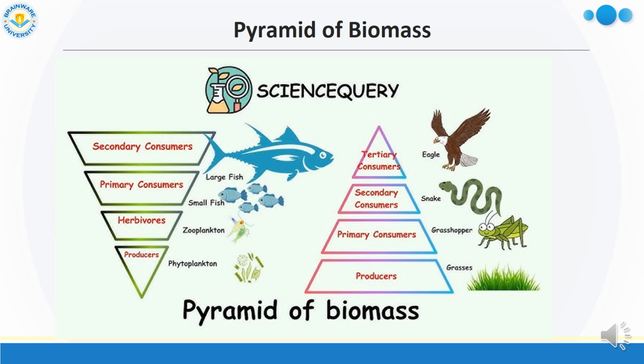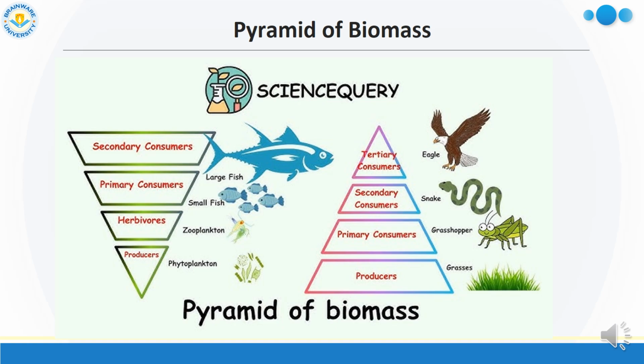In this slide, this is pyramid of biomass. Here also, the first one is inverted pyramid and the second one is upright pyramid. In case of inverted pyramid, the first one is producer, phytoplankton, second one herbivores, zooplankton, then primary consumers, small fishes, and then secondary consumers, large fishes.